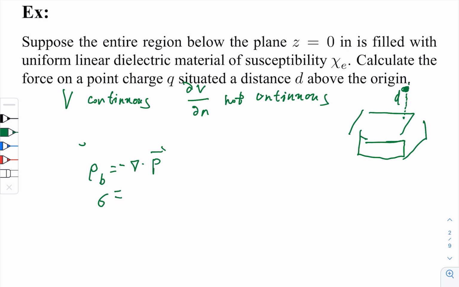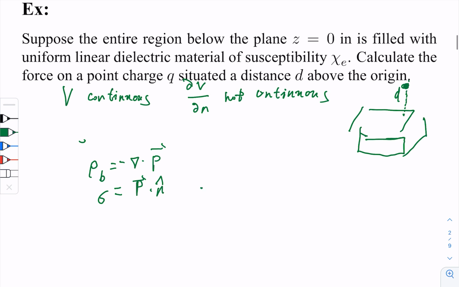The surface bound charge can be written as P dot n. And here in this problem, the surface charge should be lying on the xy plane. Now, if you calculate, this n vector should be perpendicular to the xy plane, so it has to be along the z-axis.